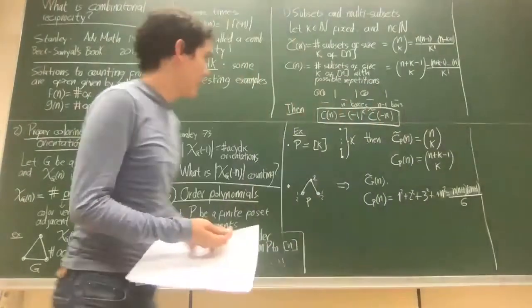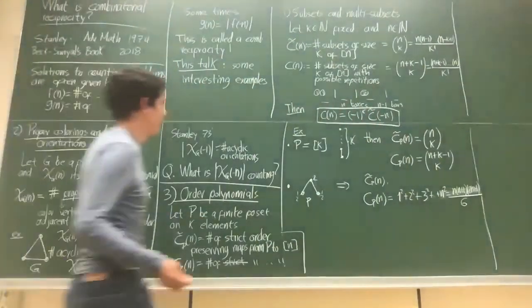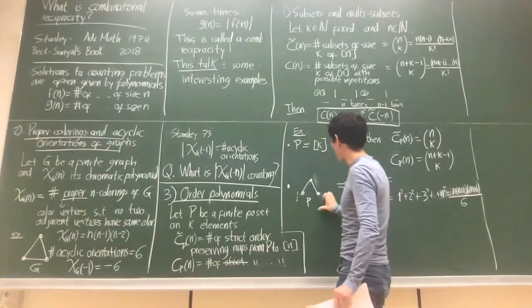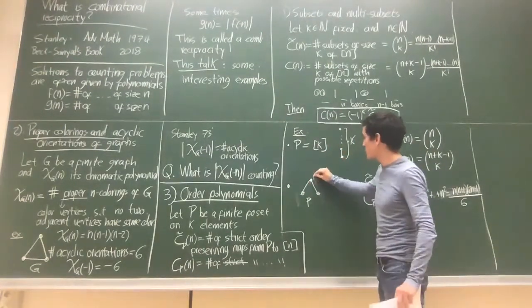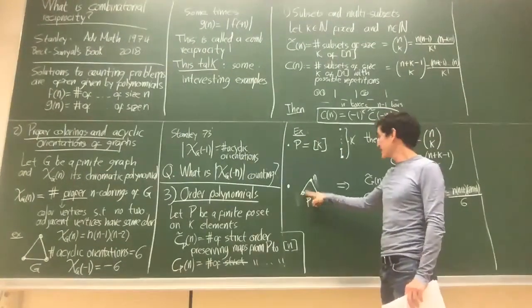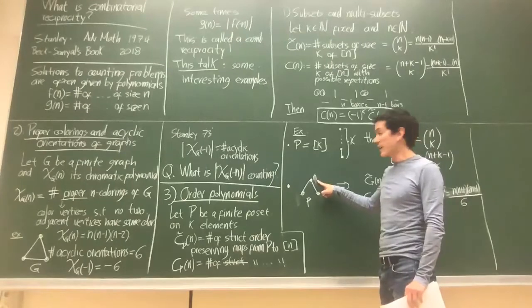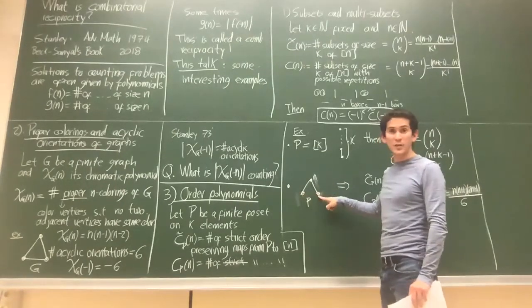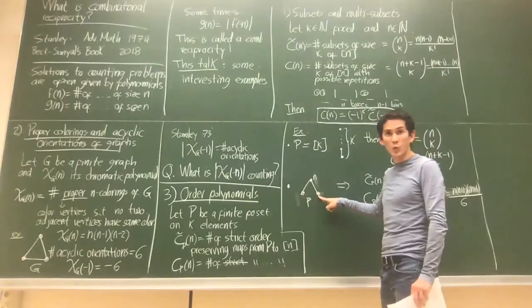Okay. Now for the other one, it's similar, but now let's start the other way around. Now let's say, for example, if this one is n, then this guy has to be strictly less than n. So I only have n minus 1 possibilities. And the same for this node. So I have (n minus 1) squared possibilities.